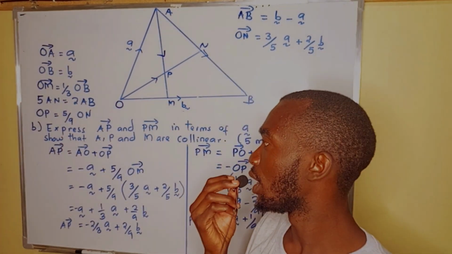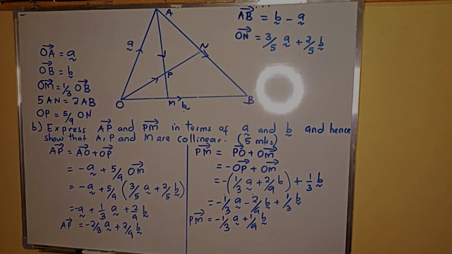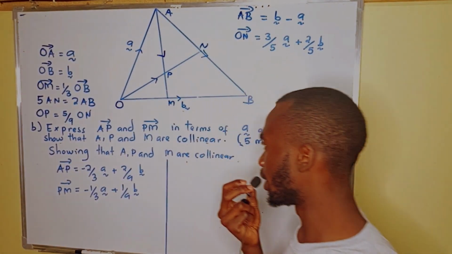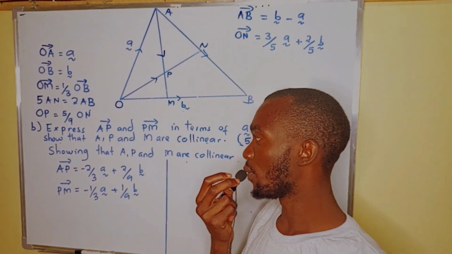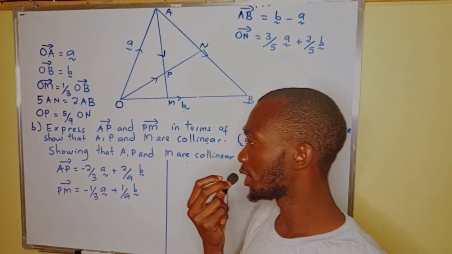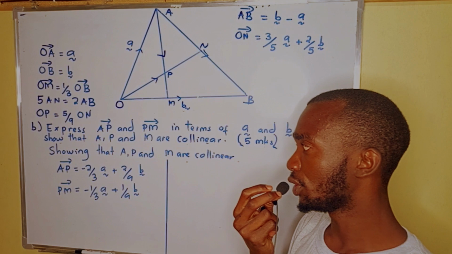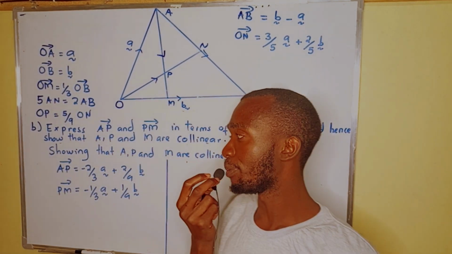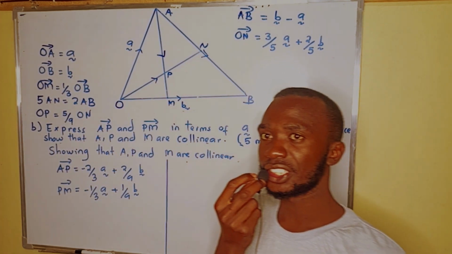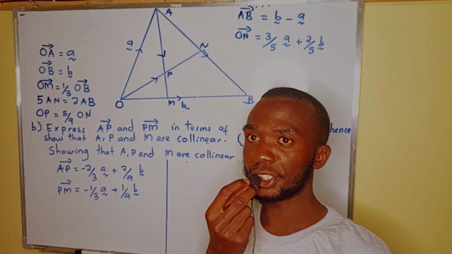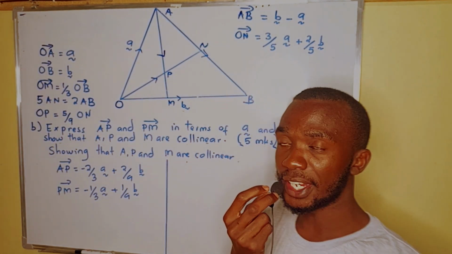Now we want to show that points A, P and M are collinear. Now how do we show that A, P and M are collinear? To test for collinearity, there are two things that are involved. One must be a scalar multiple of another one, and there must exist a common point. Now we got vector AP and vector PM. P being a common point is the first sign that these two vectors might be collinear to one another.